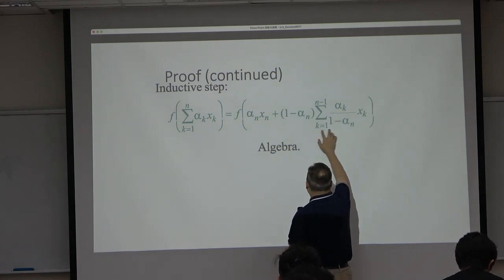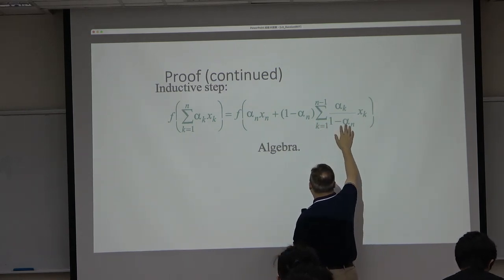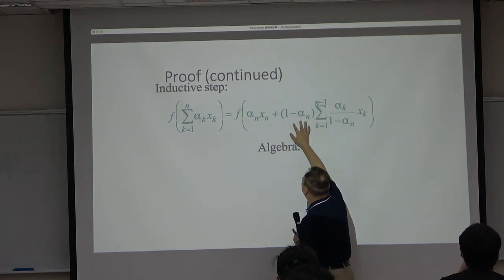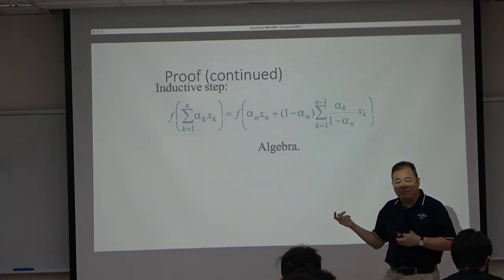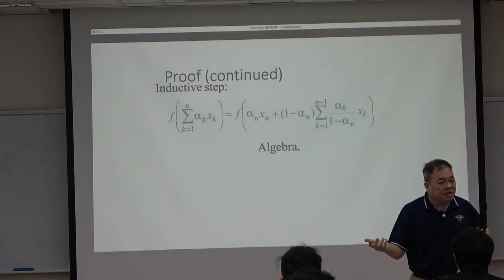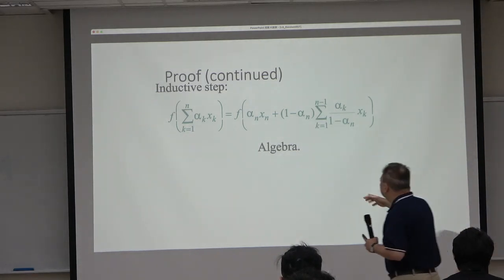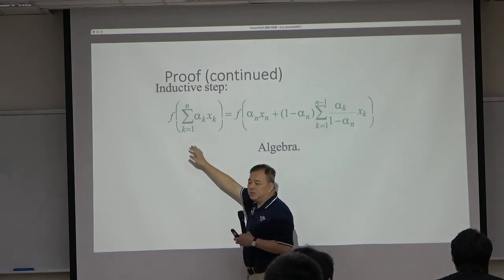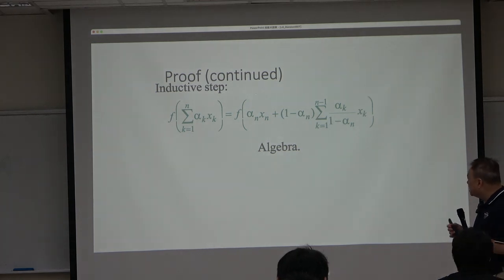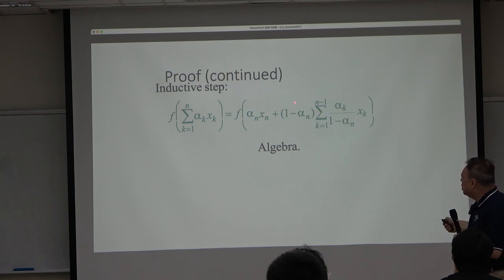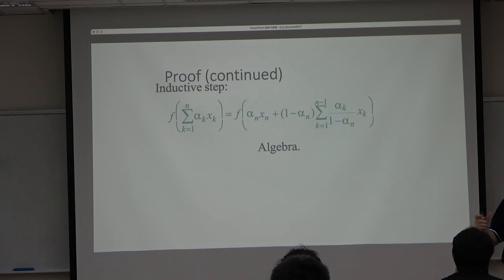We can divide these terms by 1 minus alpha n and outside multiply by 1 minus alpha n. This is obviously no problem; it's the same, simple algebra. Obviously alpha n is a positive number, 1 minus alpha n is also a positive number, and the sum of these two numbers is 1.